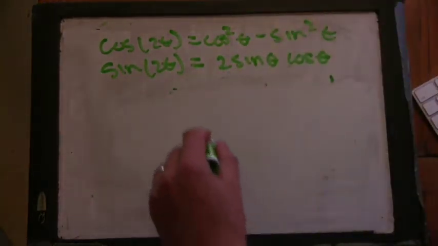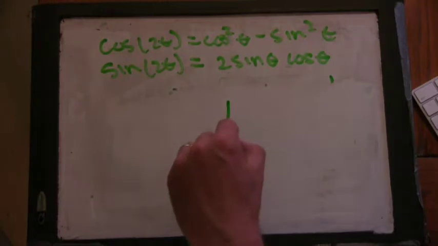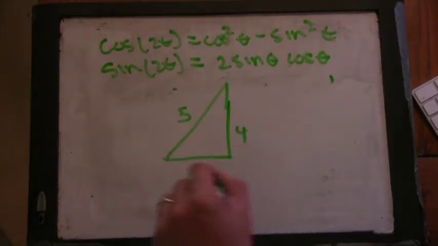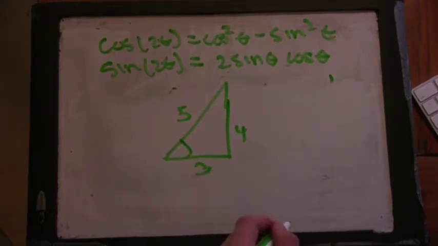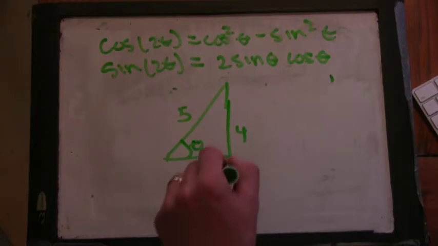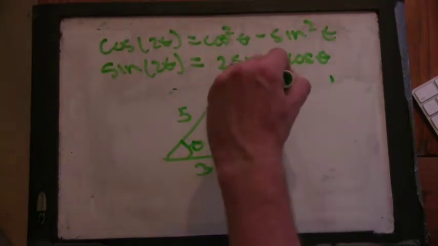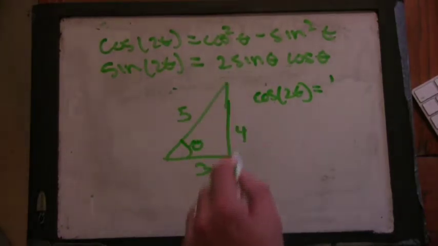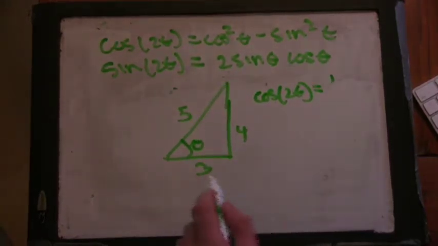You don't know what this angle is in a 3, 4, 5 triangle. It's not 30 or 60 or anything nice. But if I call this theta, I can tell you what cosine of 2 theta is, because it's cosine squared minus sine squared. What's cosine of this angle?